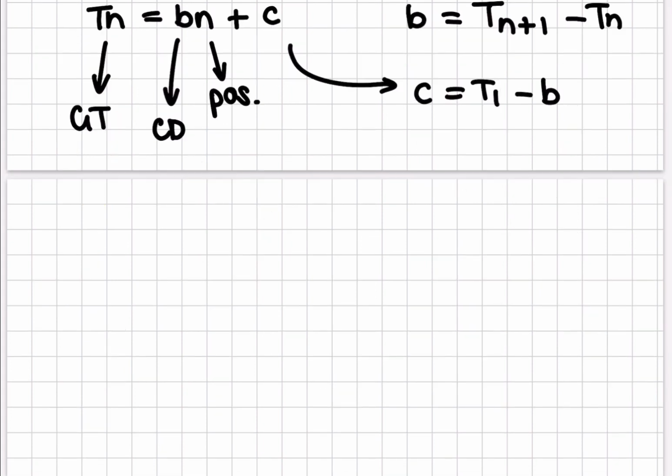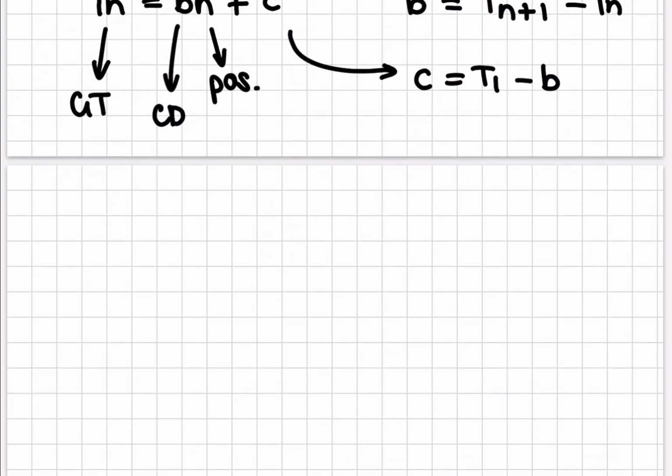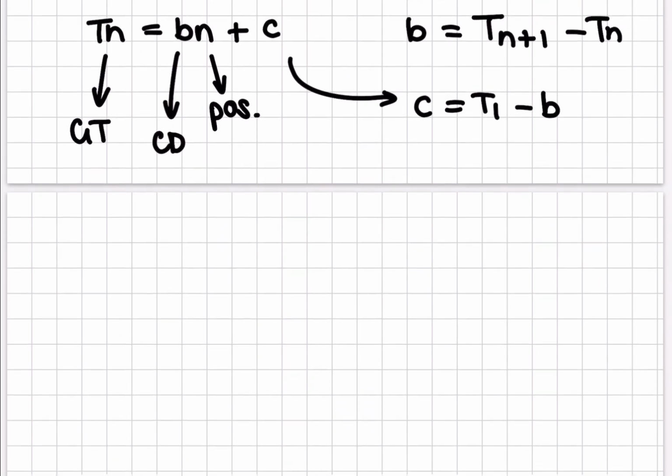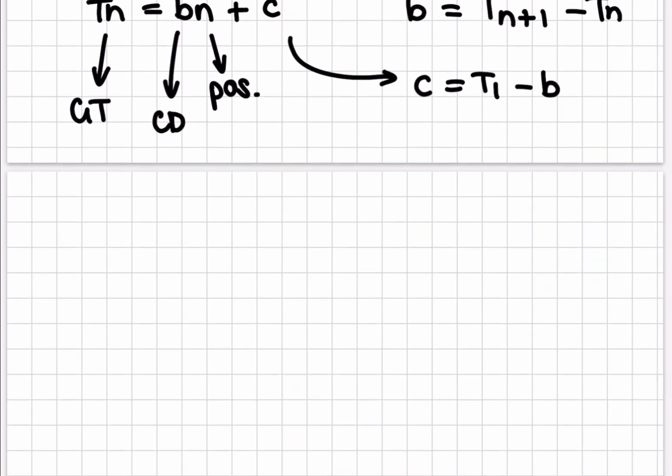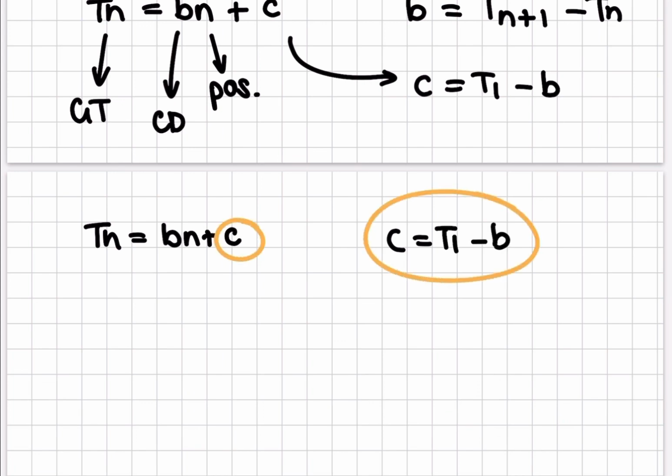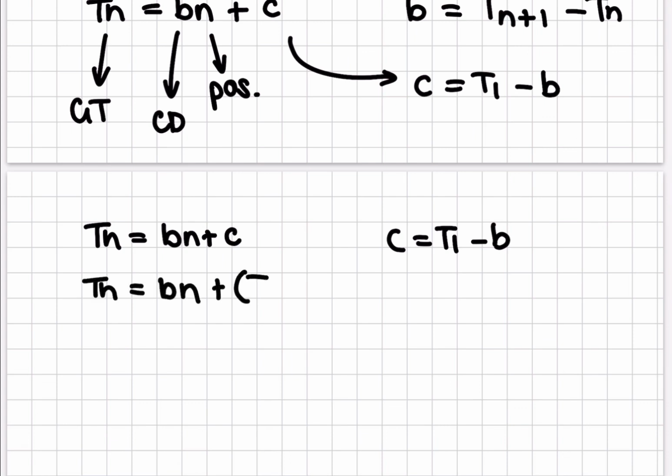Now, a lot of you have used another formula in grade 10 and 11, and you still are allowed to use this formula. I'm just going to show you how we get to that formula. So we start off with tn equals bn plus c, and we have c is equal to t1 minus b. I'm going to sub c into this formula. tn equals bn plus t1 minus b.